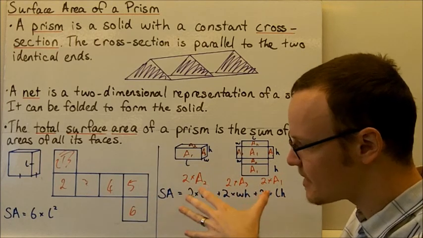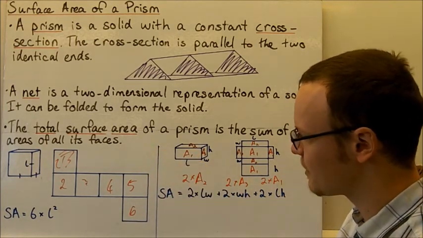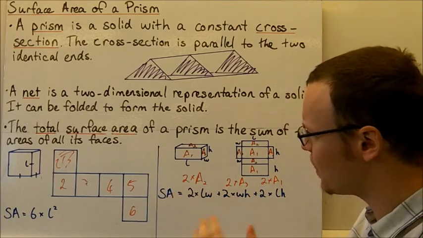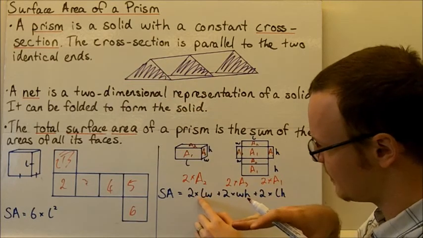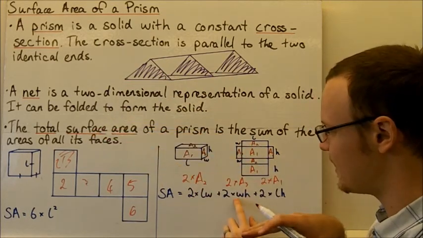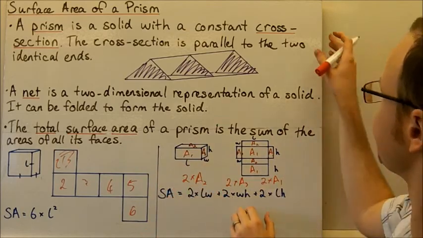So that is the total surface area of this rectangular prism. We've got 2 times the top and bottom, and we add the 2 sides, and we add the front and back.